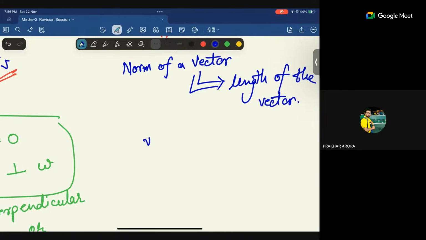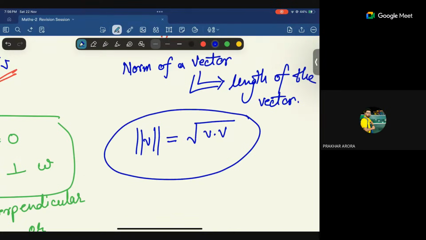What is the length of vector v? This is how we write the length of vector v. It is equal to the square root of v dot v. This is the length of the vector v, which is what we call the norm of vector v.